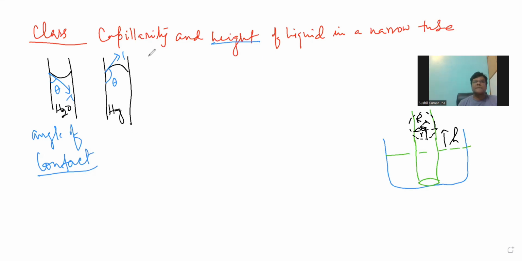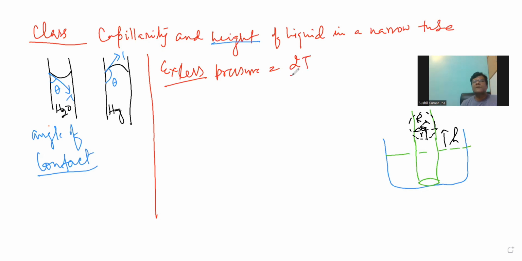So at the top of the liquid column, if we consider like a size of liquid drop, then we know the excess pressure inside liquid drop is how much? It is 2T by R. Excess pressure is 2T upon this R1.